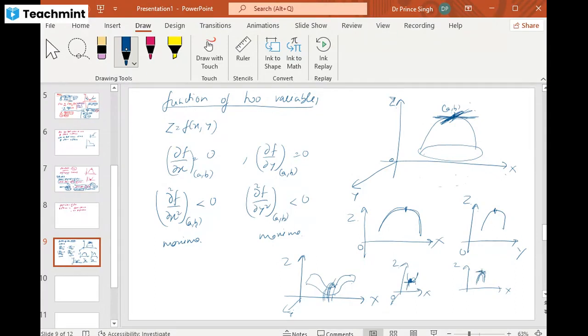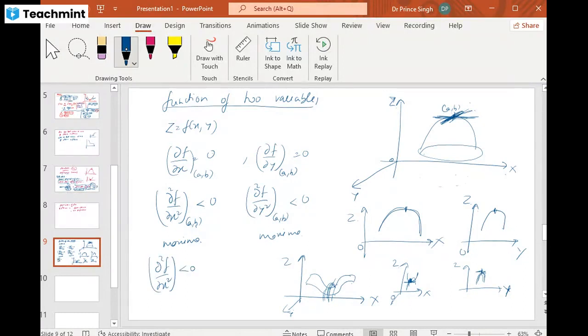This is a point of maxima in the yz plane, but this is a point of minima in the xz plane. Then this point is called a saddle point, where ∂²f/∂x² is less than 0.